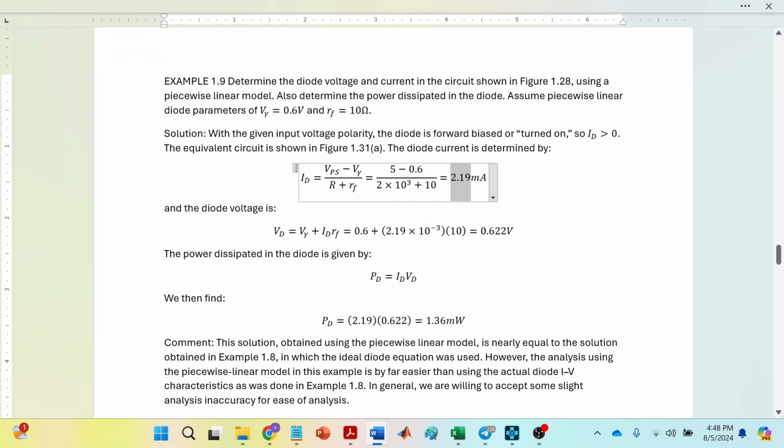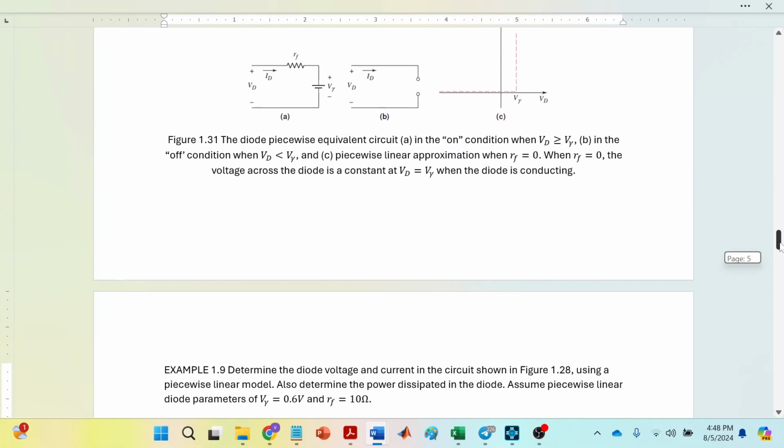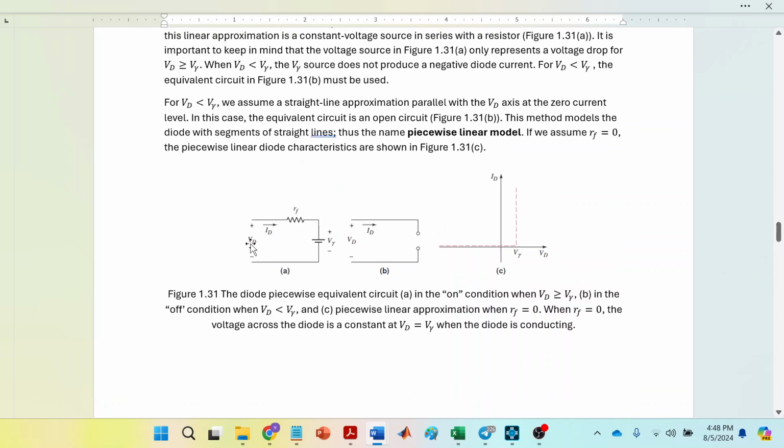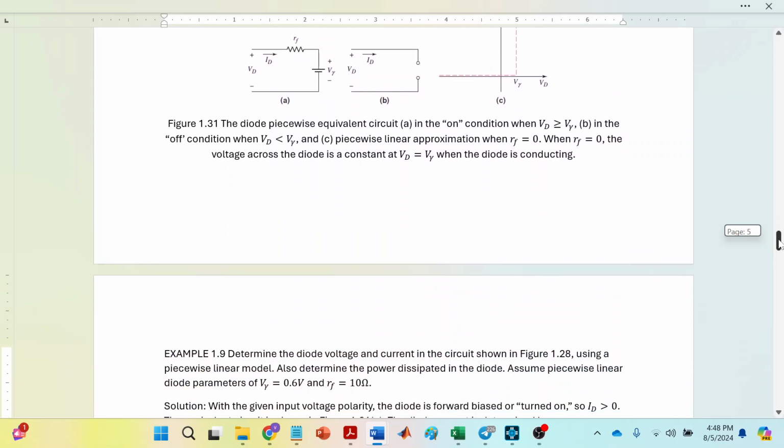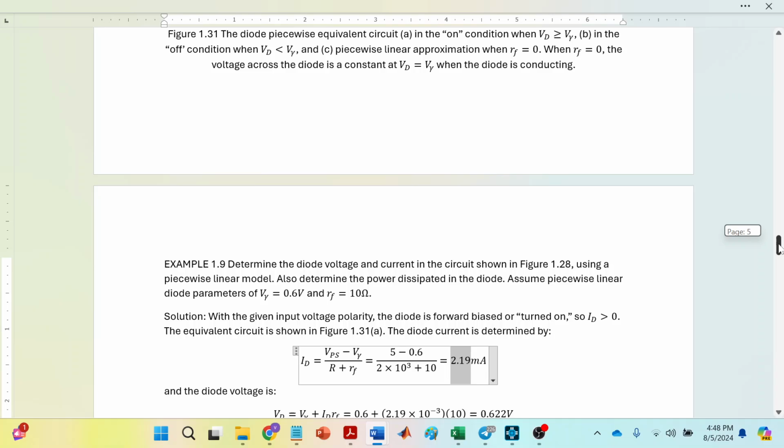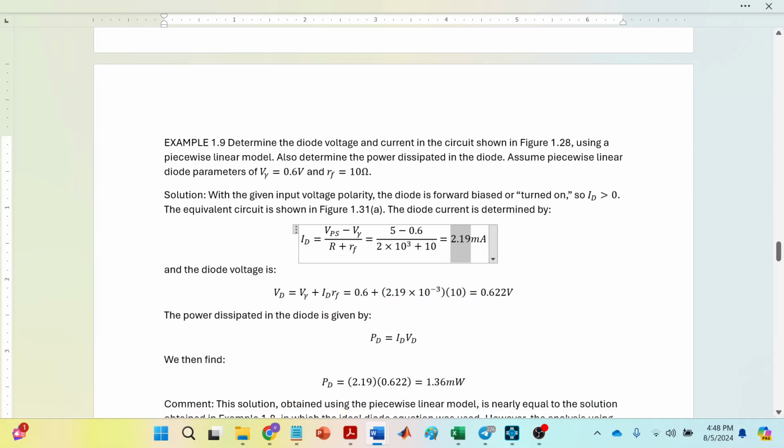Then to get the diode voltage, we're just simply going to use the KVL around the piecewise linear equivalent model of the diode. Then using this equation, which is the KVL around the loop, and plugging in the value of ID you have, we get 0.22 volts.